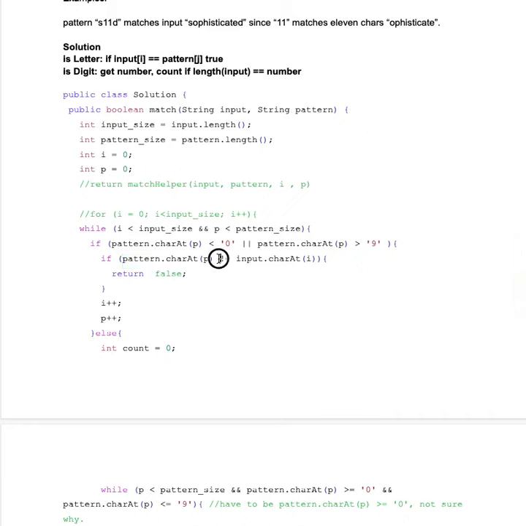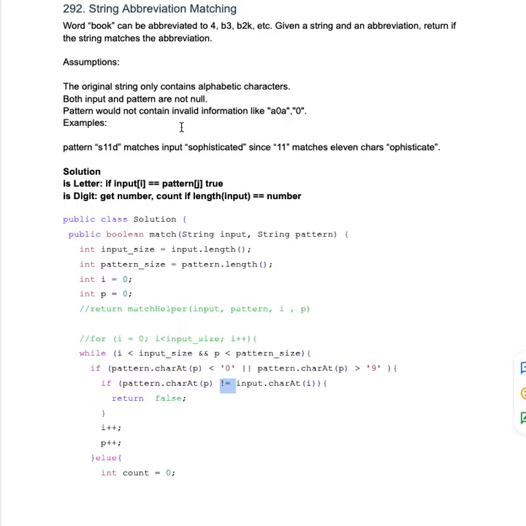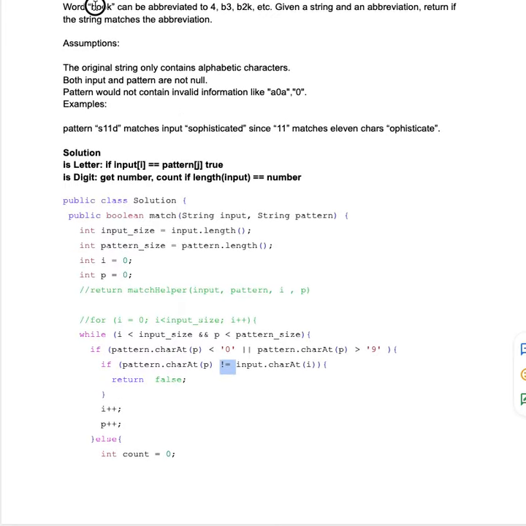If it is not equal to the input letter, like B is not equal to B, maybe C or D, then it needs to return false because it's not the same. If it is the same, we keep going.